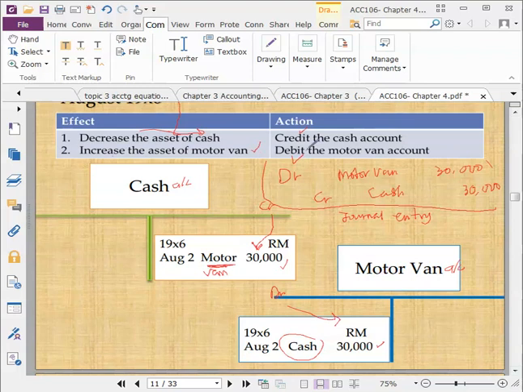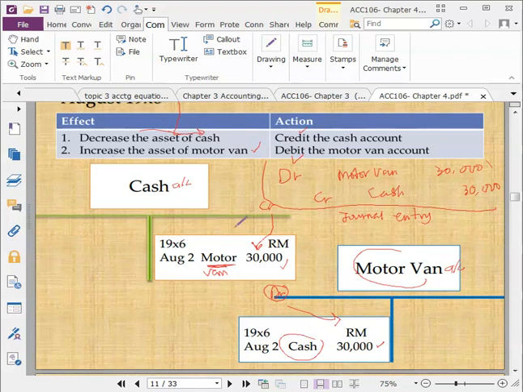How about the other one? The account is the motor van account. We know that we debit the motor van account, so the amount 30,000 we must debit. We put it under the debit side with the detail cash.